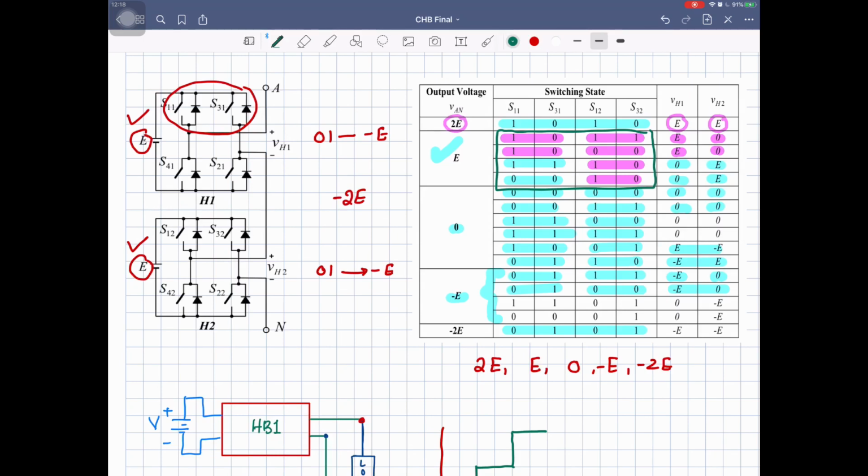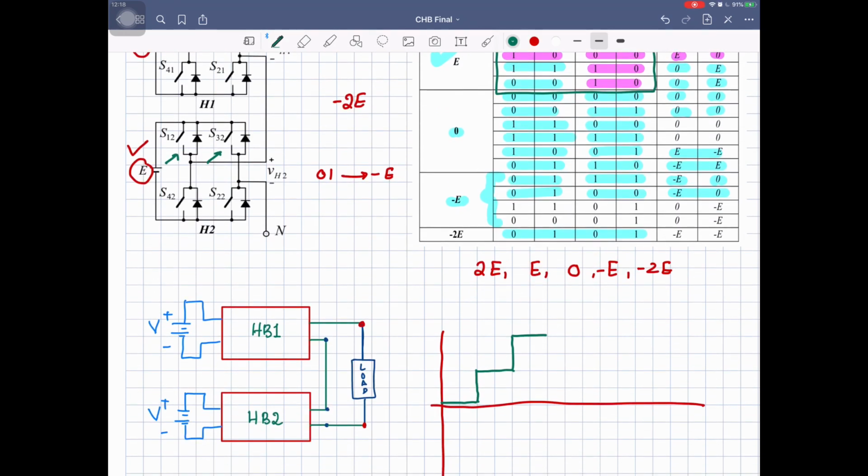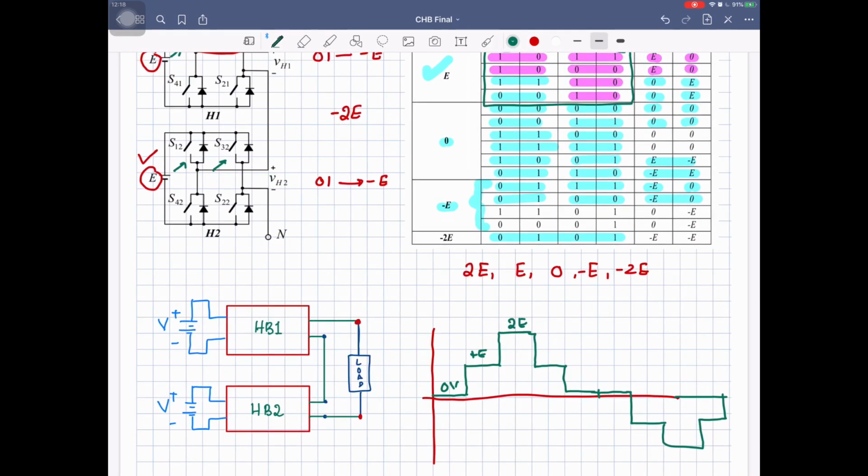So I will be giving pulses to the gates of these switches so that I get 2E. So this is 0 volt, this is plus E, this is 2E, then plus E again, then 0 volt again, then 0 volt, and minus E, minus 2E, minus E, and so on. Right? So you can construct a multi-level waveform using these switching combinations.